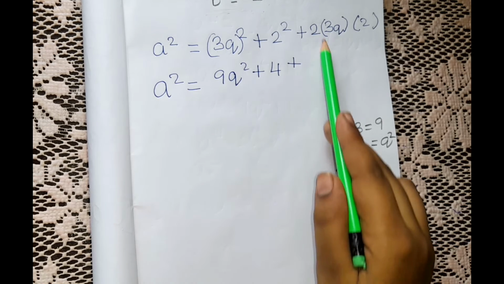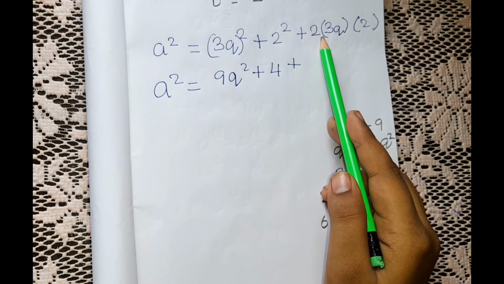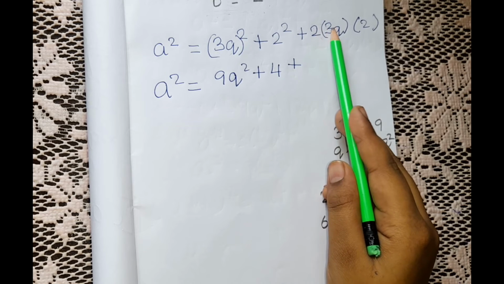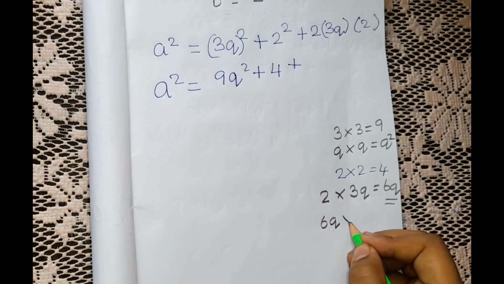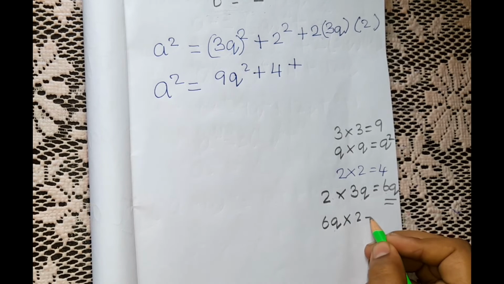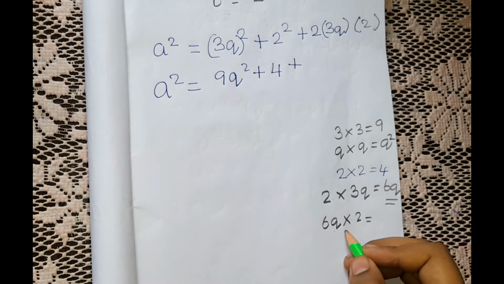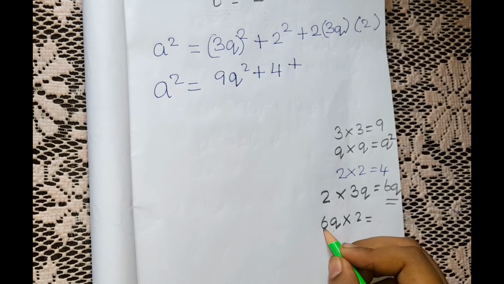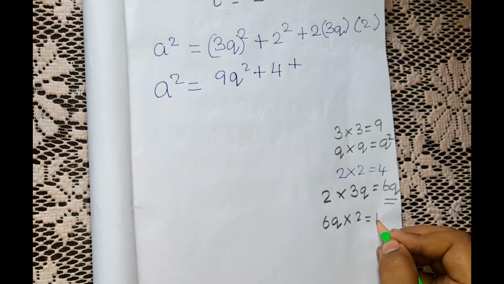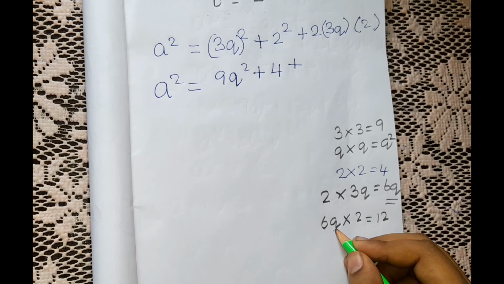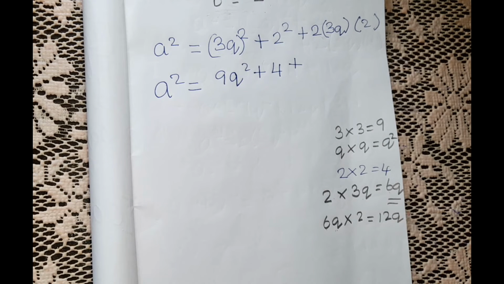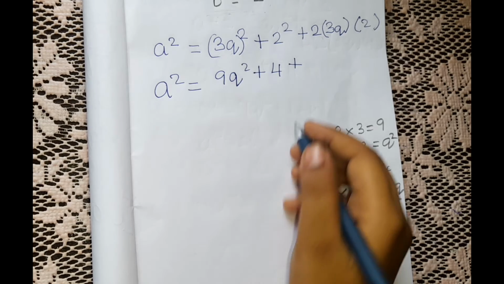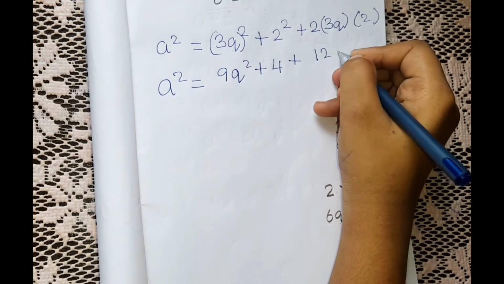Then here the answer is 6Q, then 6Q into 2. Instead of writing bracket, I am writing into here. That's because it's for your understanding. So I wrote 2, that means 6 2s are 12, and only one Q is there, so we shall write 1Q. So the answer is 12Q. So now let's write 12Q.